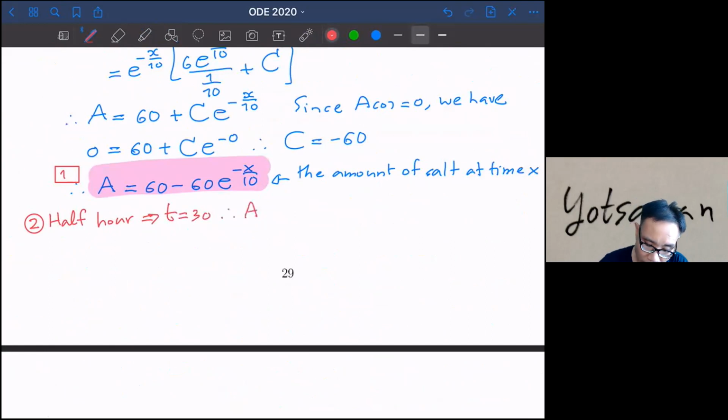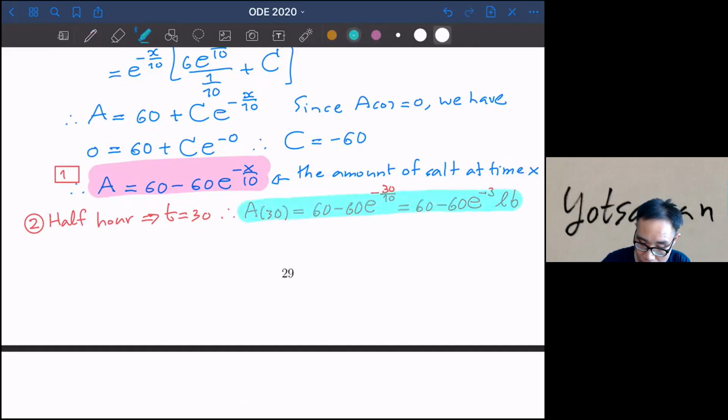So you have A(30) will be 60 minus 60 e to the negative 30 over 10. So it's going to be 60 minus 60 e to the negative 3 pounds. Okay, and this will give you the solution for the second question.